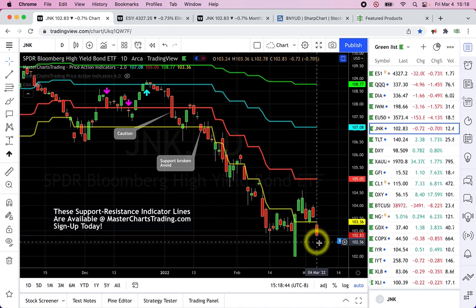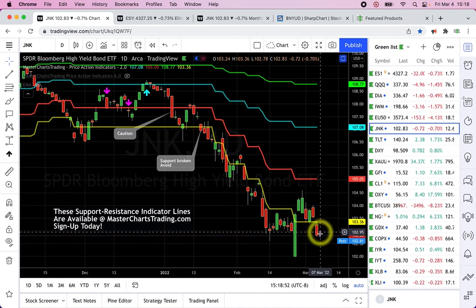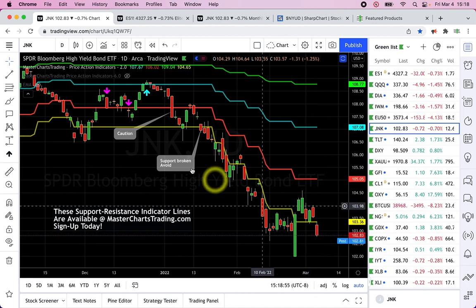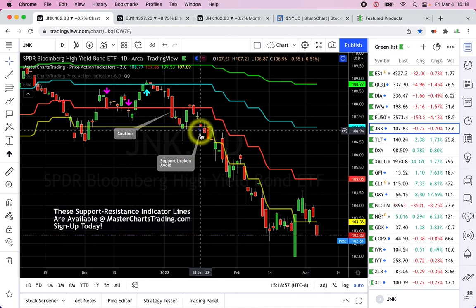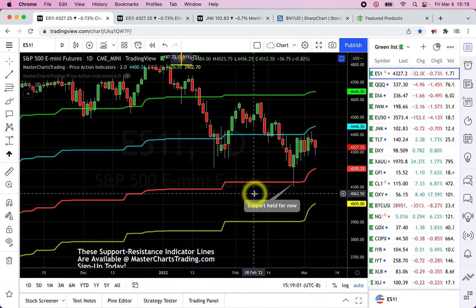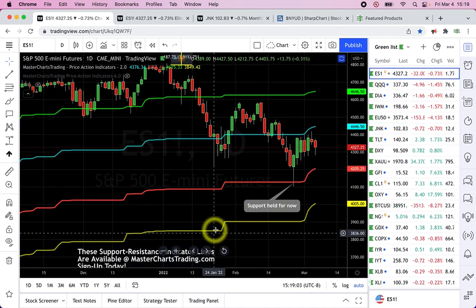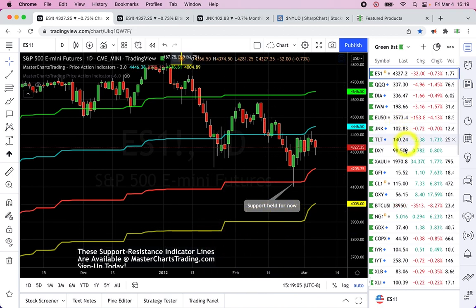So not a great sign once again. Because of correlations, I'm thinking that junk debt seems to be leading the stock market lower. So the breakdown for junk debt started in January. S&P 500 hasn't even touched the yellow line yet. You see, we're still way above it.